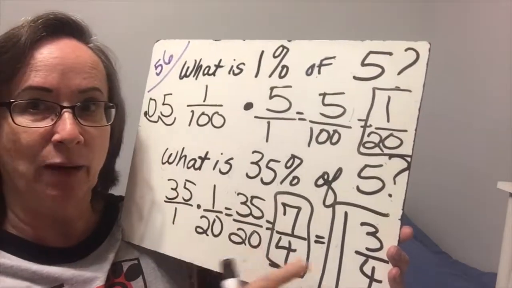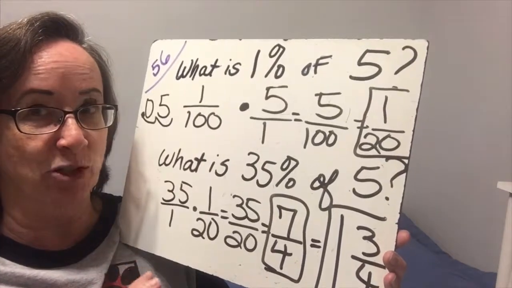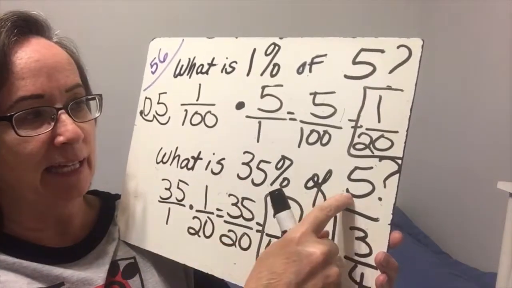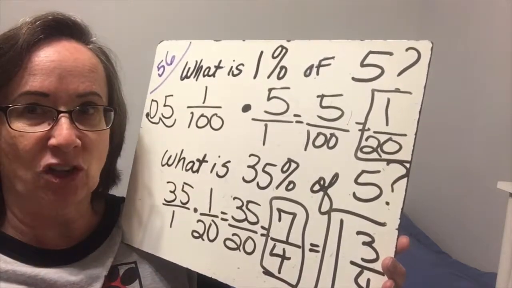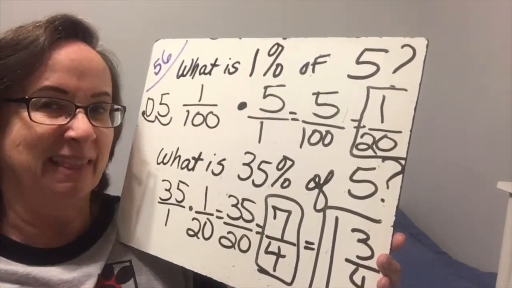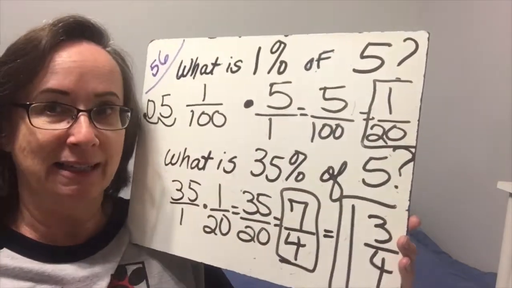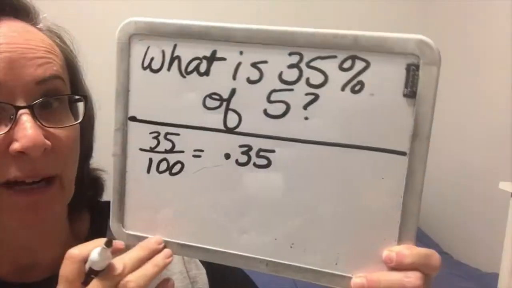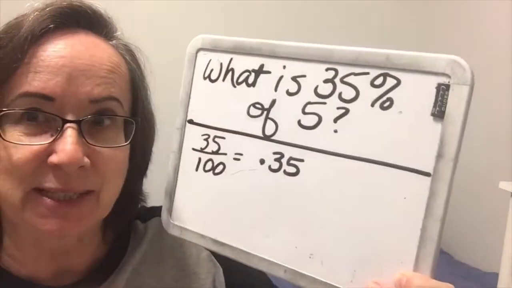So the second way we're going to do this problem is just from scratch. Instead of taking the 1% that we had already figured out, let's start over at the beginning. But this time, since we used fractions last time, let's use decimals.